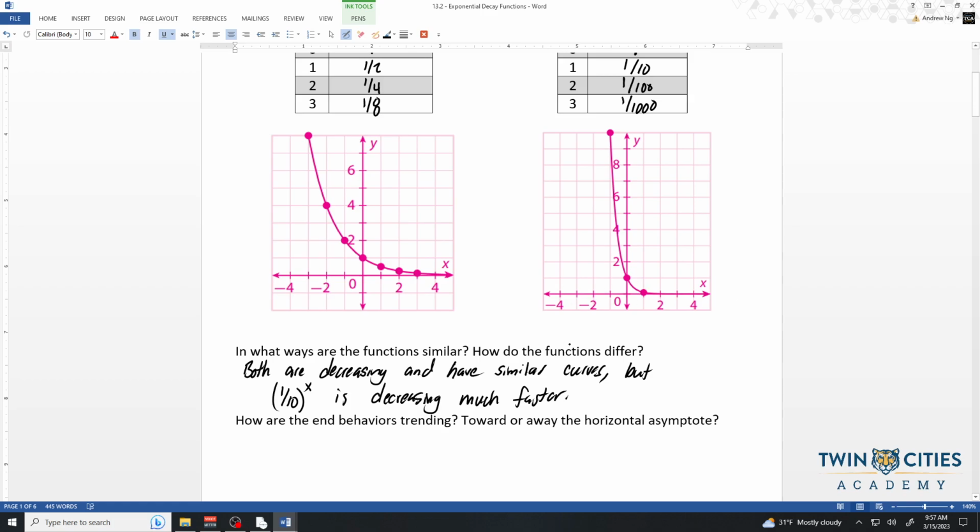So how are the end behaviors trending as x approaches infinity? I would say y approaches 0. Okay, and I would say that this goes toward the horizontal asymptote.